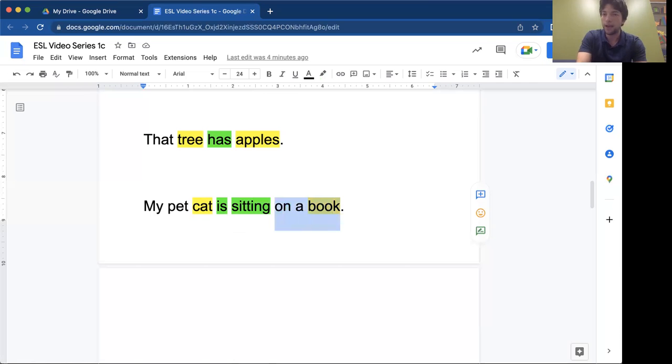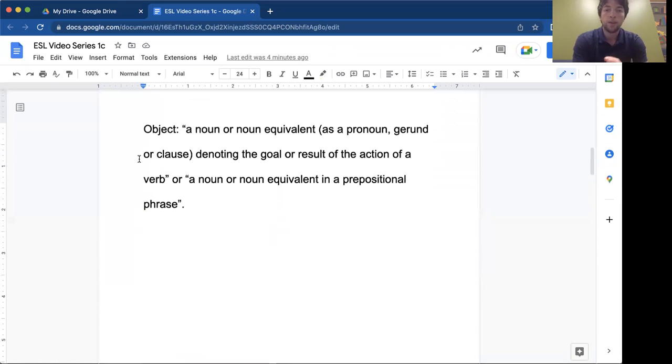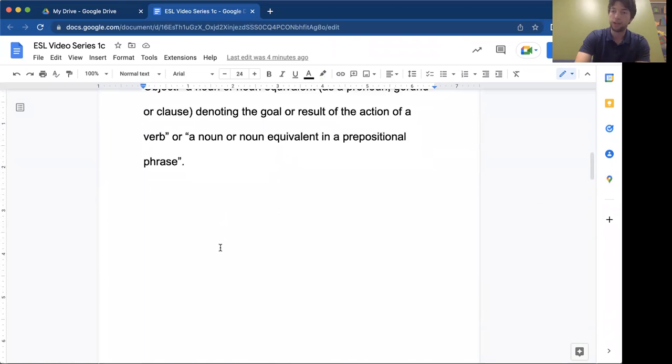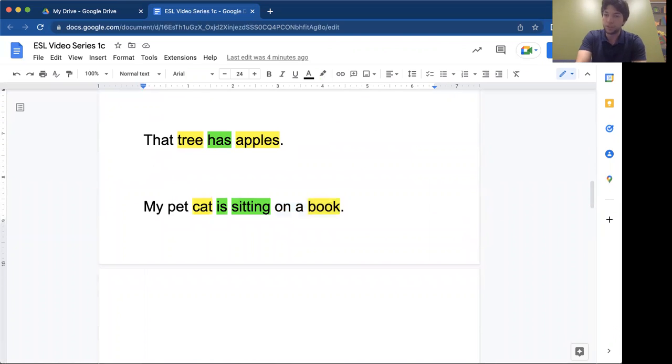So how do we know that book is the object? Well, let's look at the other definition of an object. Go back up here: the noun or noun equivalent in a prepositional phrase. Now, a prepositional phrase is just a phrase, which is a couple words, that has a preposition in it. On is a preposition, and I know we haven't talked about prepositions yet, but on is one of them.